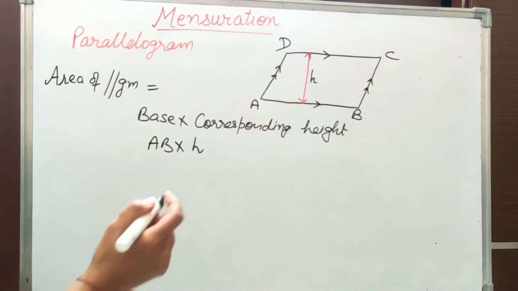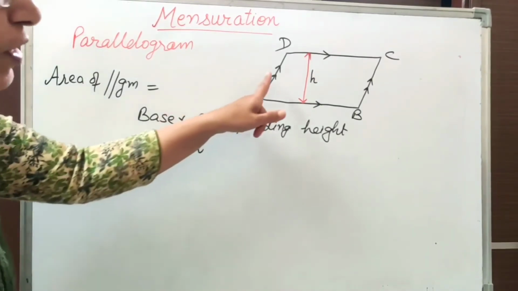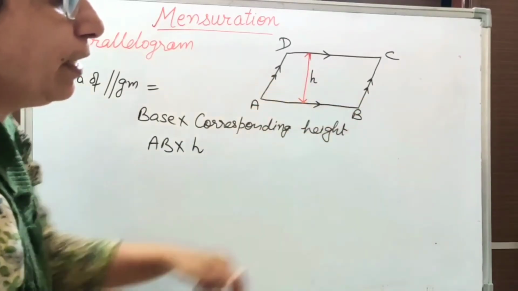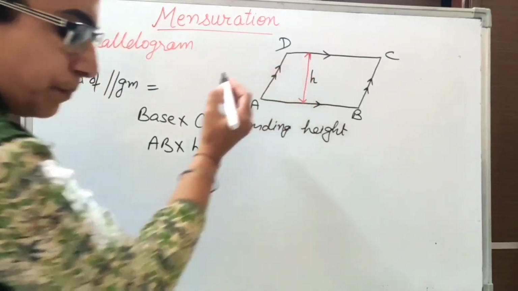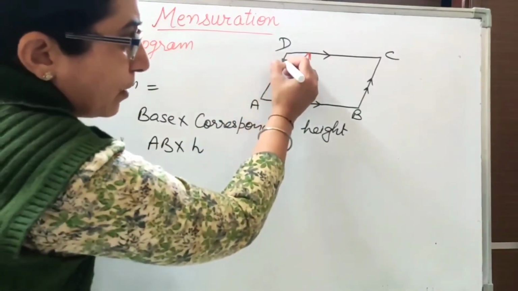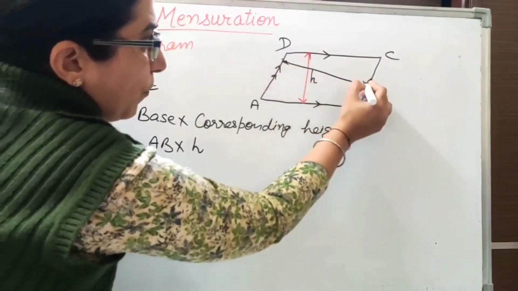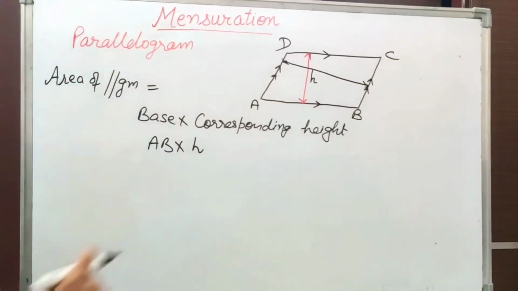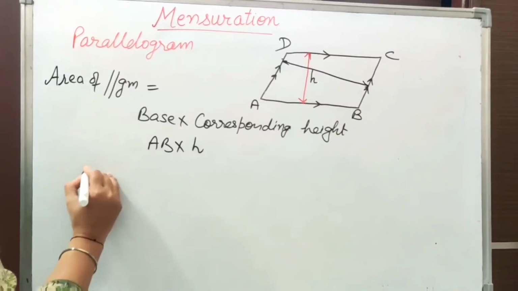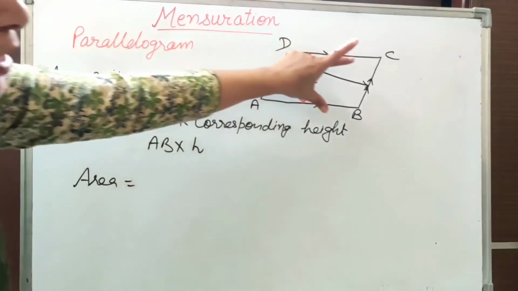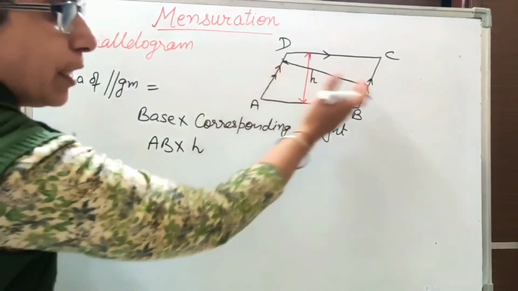But if the distance is given between these two parallel lines, AD and BC, look here, this is the height, the distance between AD and BC. In this case, you can take AD as base or you can take BC as base, because opposite sides are equal.